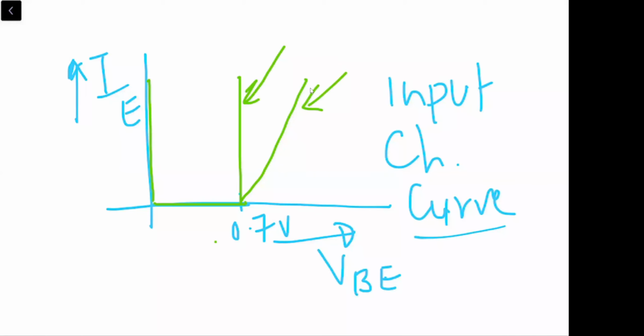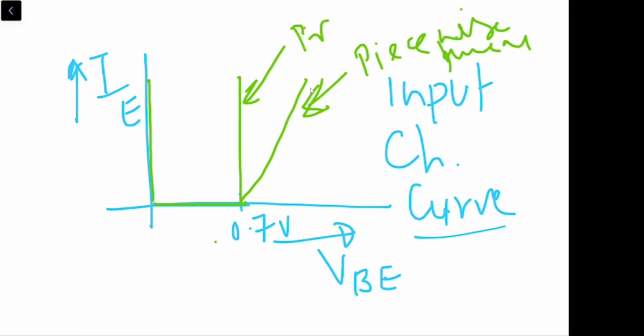So if we say it is a piecewise linear model, the curve will be somewhere at this one. And if we say it is the practical model or the practical diode, it will be somewhere here, right? So depending upon which model we are considering, it will be behaving according to that specific model.